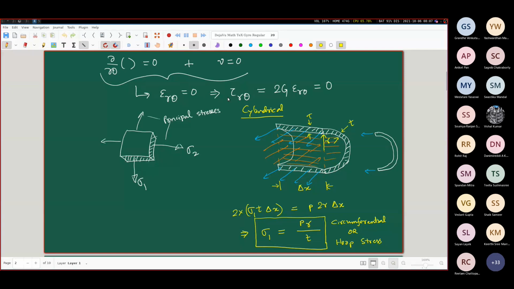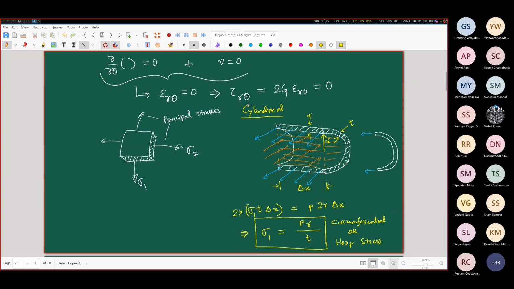Okay, so first of all you answer me, this tau r theta, this is acting on which plane? Or on a plane which is perpendicular to which axis? The tau r theta, the shear stress that we had proved to be equal to 0 in our previous class from arguments of axis symmetry and symmetric loading.